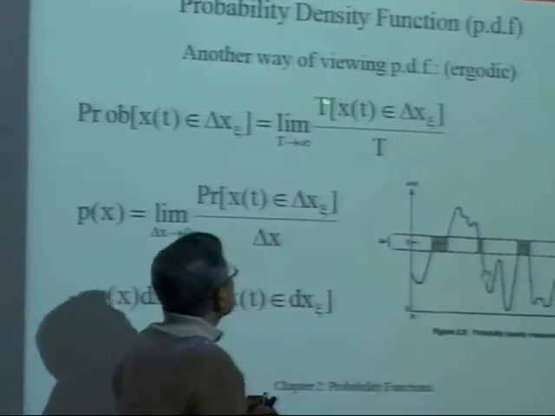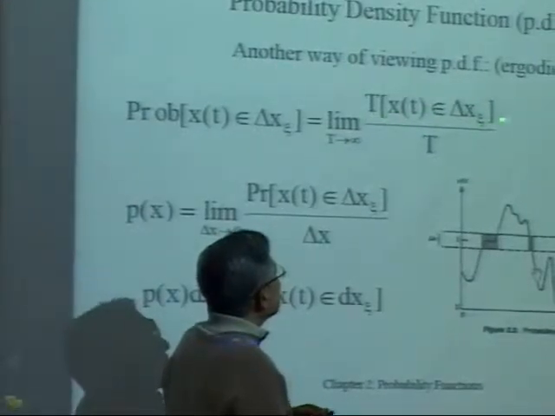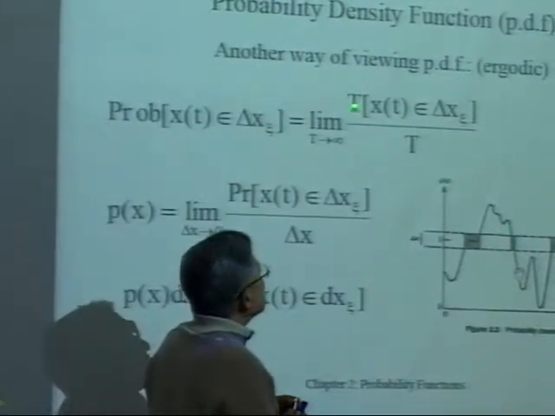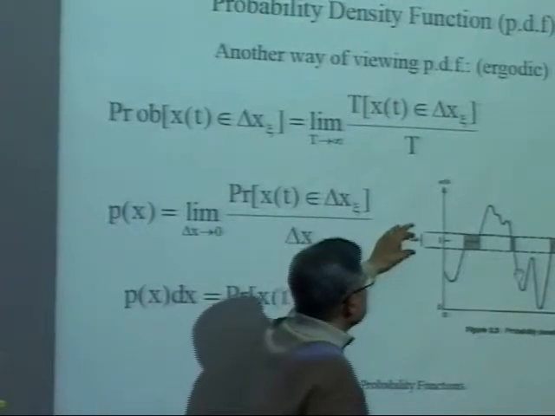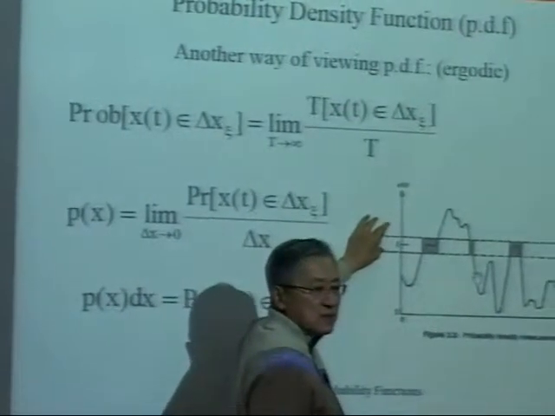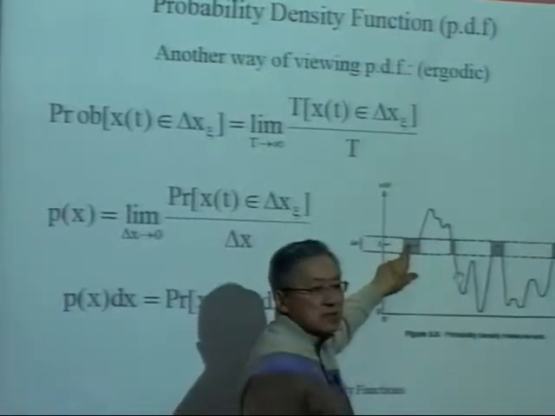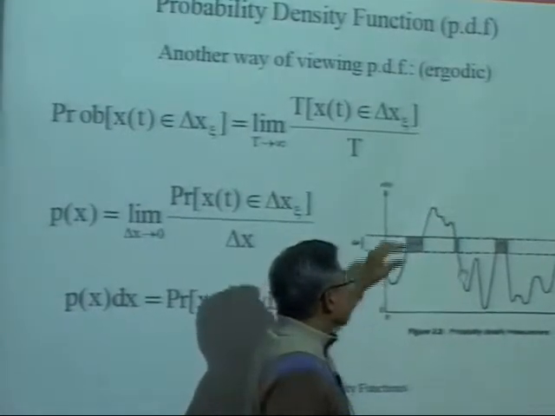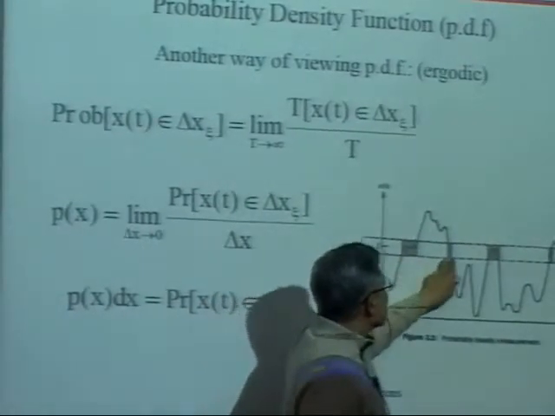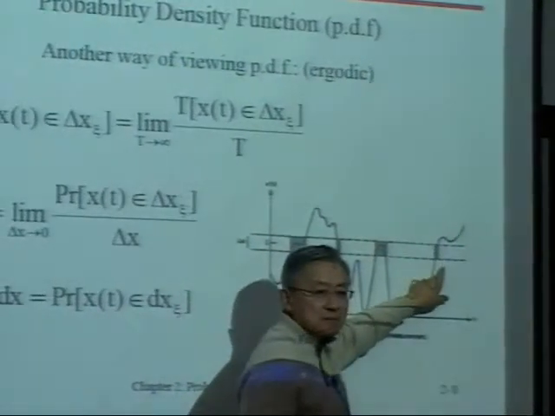So what does this whole thing in the numerator mean? This is the duration of time that x belongs to between this. Which means the summation of the hatched time durations, this plus that plus that plus that.